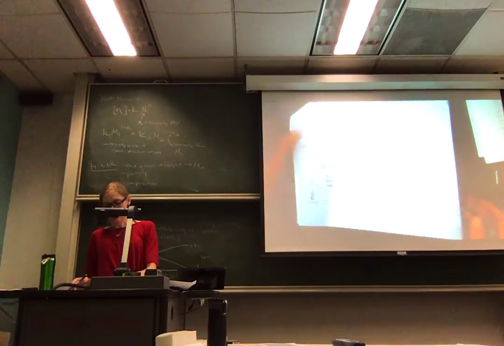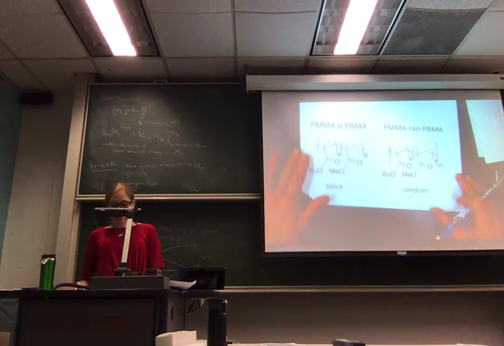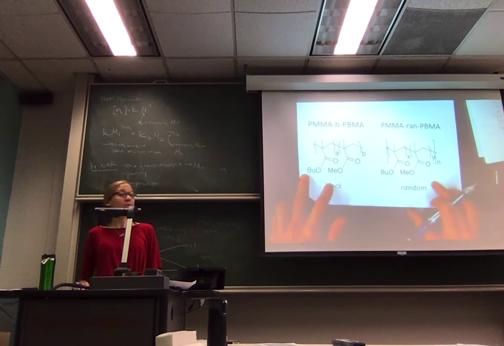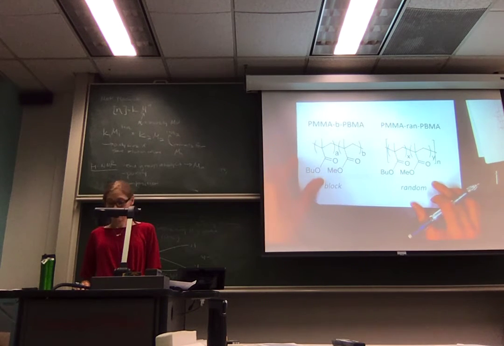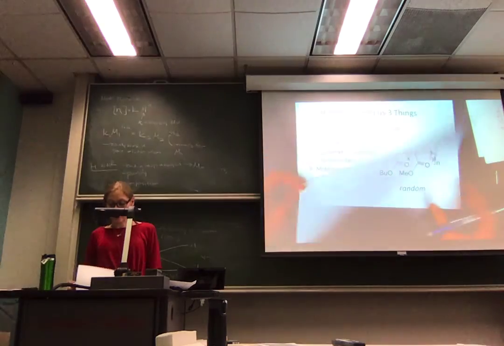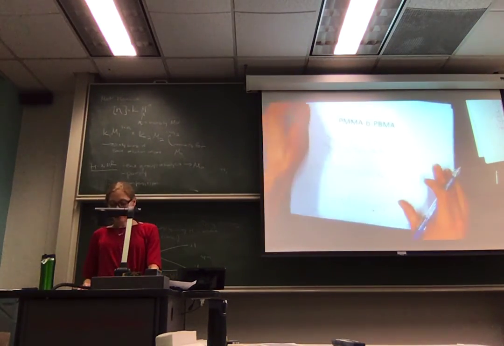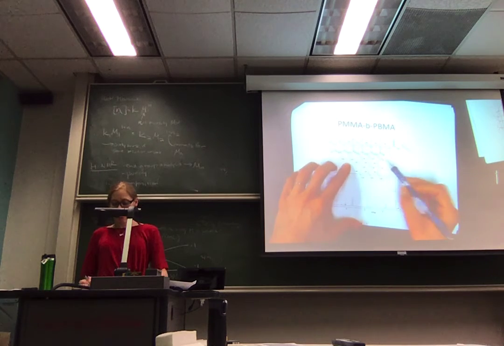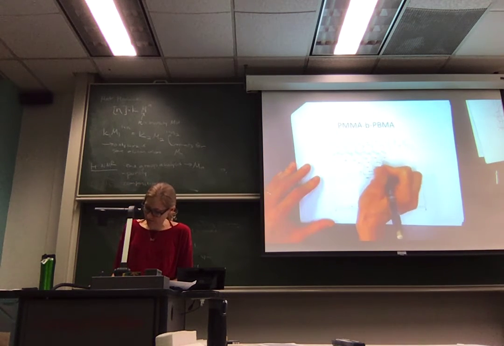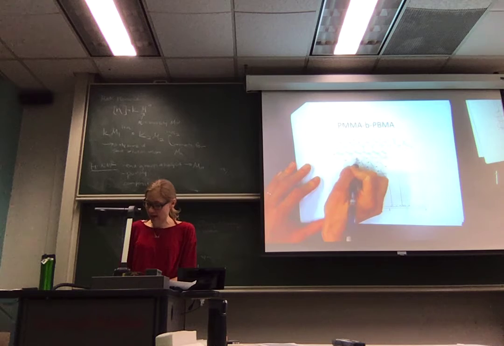Okay. So these are block and random copolymer that we have made. What we are going to do with this is essentially come up with something like this, where we look at the integration of that peak versus that peak.